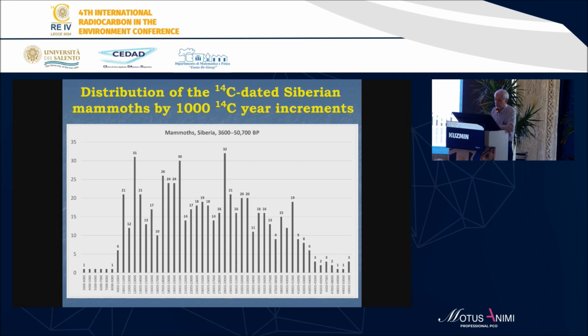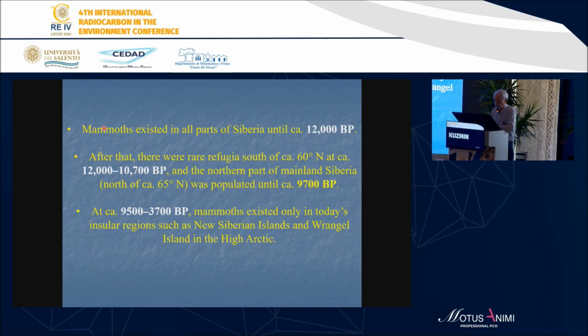All right, so that's the distribution. What we can say is that until 12,000 radiocarbon years, mammoths existed throughout Siberia.